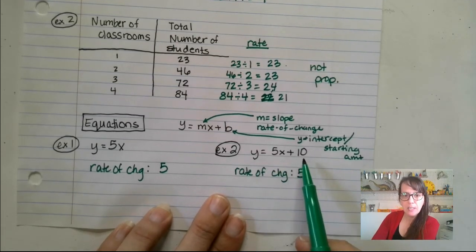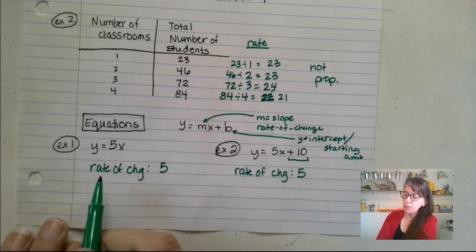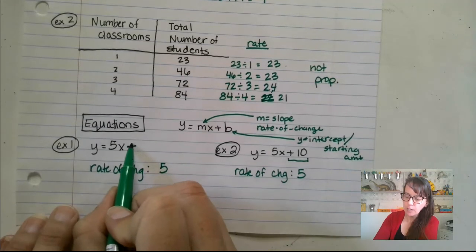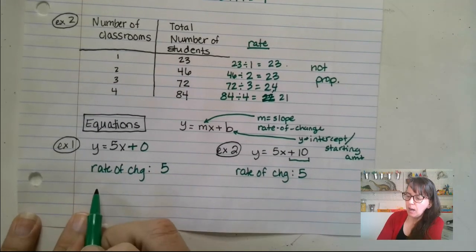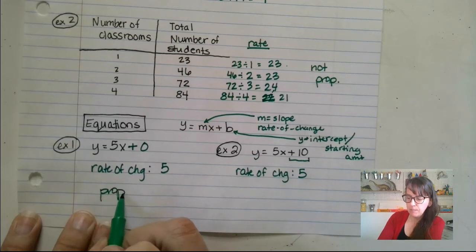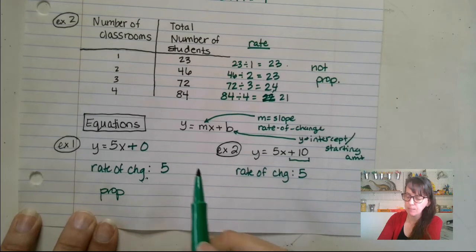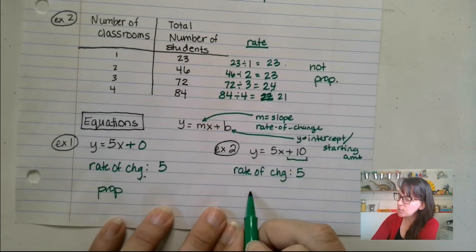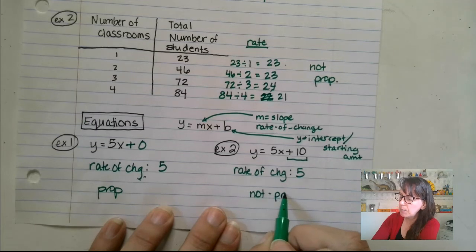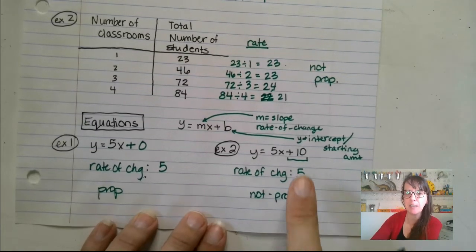However, you'll see on this one we have a starting amount or a y-intercept of 10. So this guy over here, we have a starting amount or a y-intercept of 0, because I'm allowed to add 0 to anything. So in this case, proportional, because it crosses through our y-axis at 0 and the rate of change is the same. This one, the rate of change is the same, but it starts at 10. So this would be not proportional. So it's a little tricky there, but just keep that in mind.